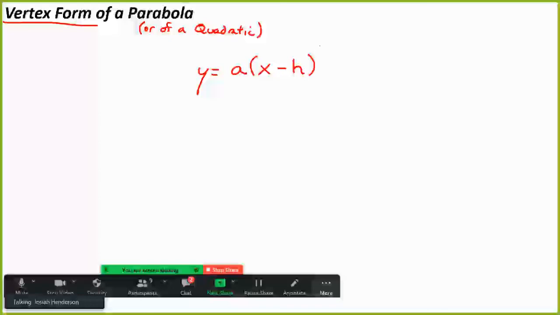And that parentheses is being squared, raised to the second power, plus k. That's it. y is equal to a times (x minus h) quantity squared plus k.